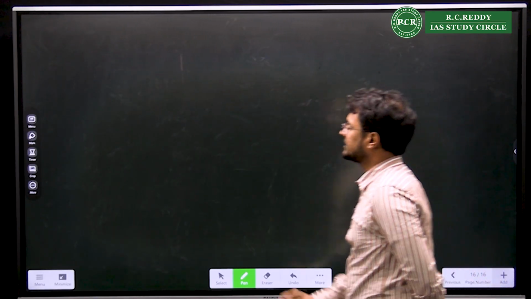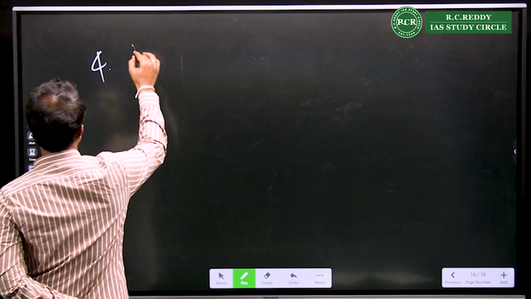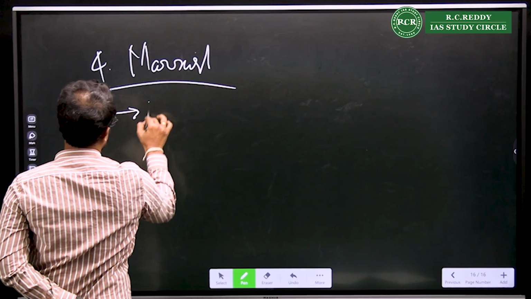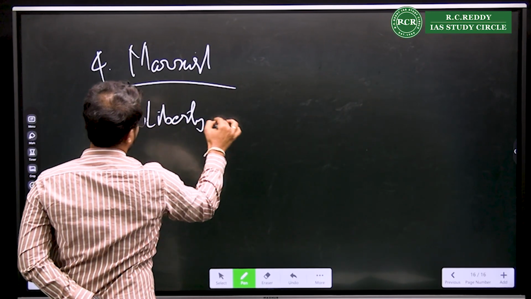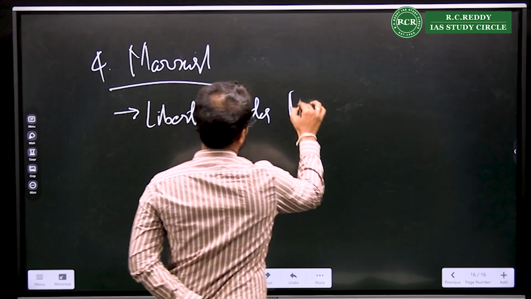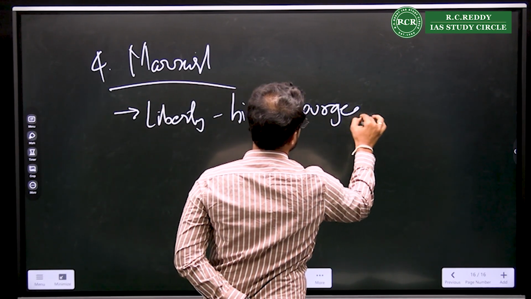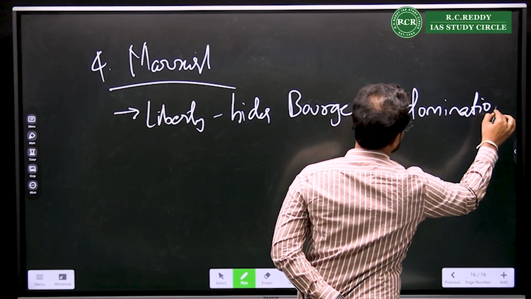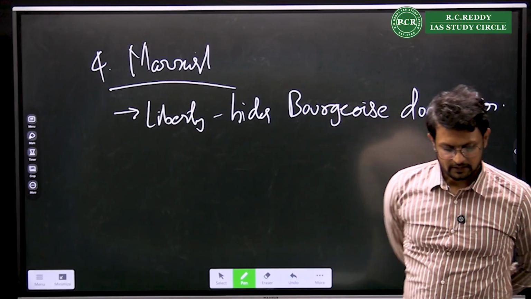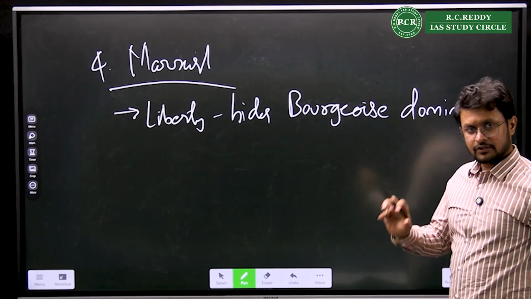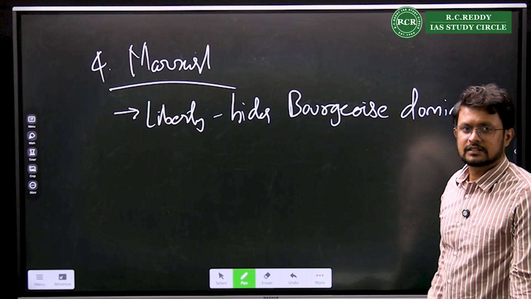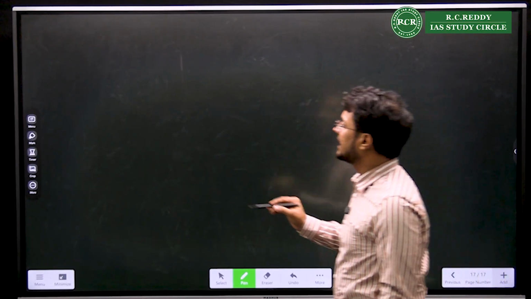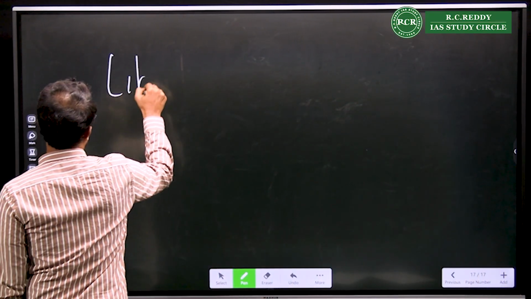And the most famous criticism is with respect to Marxists, who say liberty is a concept that hides bourgeois domination. Right? So this is one of the criticisms of Marxists. So in this way, you can sum up all of them and say liberty is a dynamic ideal.